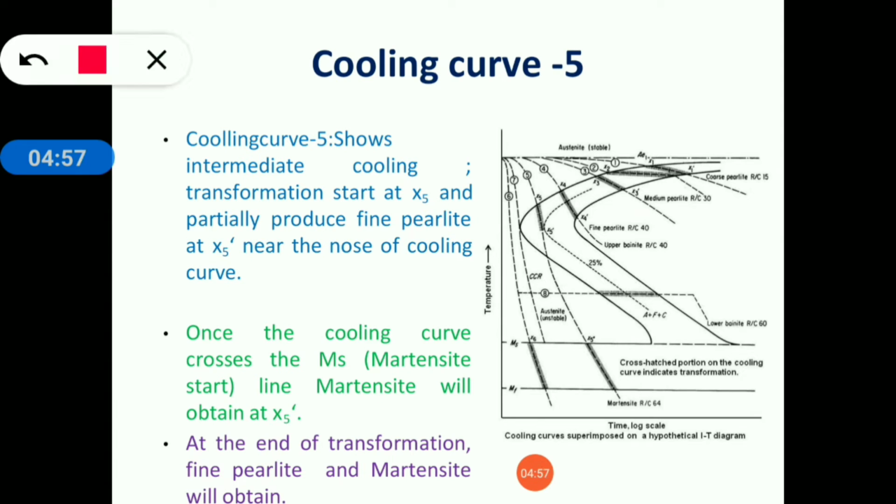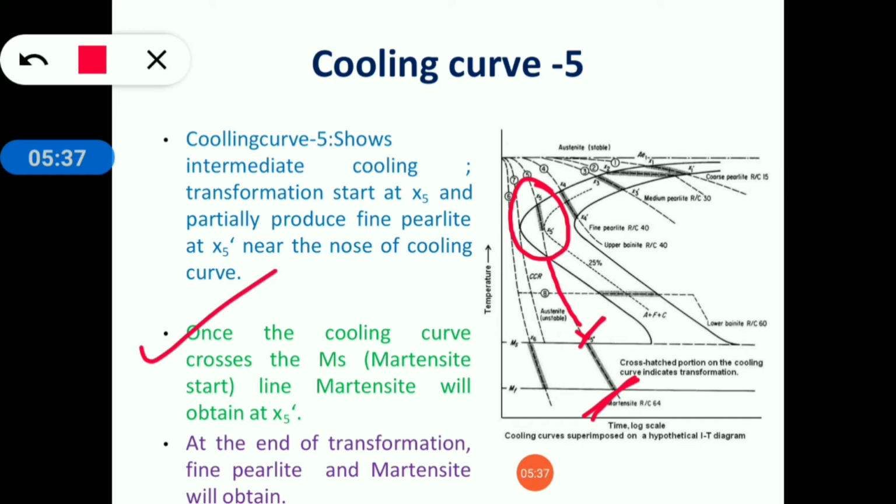Cooling curve number 5, this one. It is known as intermediate cooling, and the transformation starts at point x5 and finishes at point x5 dash. In this small zone pearlite will form, and after cooling continuously, if it hits the martensite start line, here the martensite transformation will start, and at this line martensite will end.